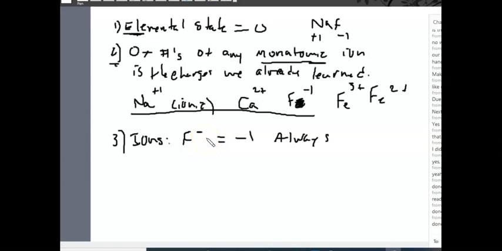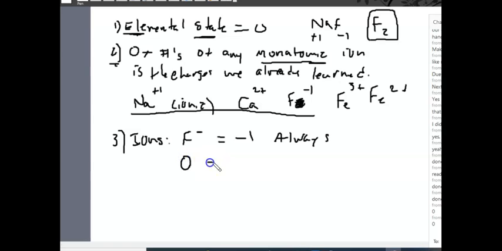And if you want to type in the chat box, what's the oxidation number of fluorine in the elemental state? 0. Good. Very good. Exactly. So that's rule 1. The fluorine in the elemental state, remember, F2. That's fluorine in the elemental state because it's a diatomic molecule. It's the fear of the have no fear of ice cold beer. All right.